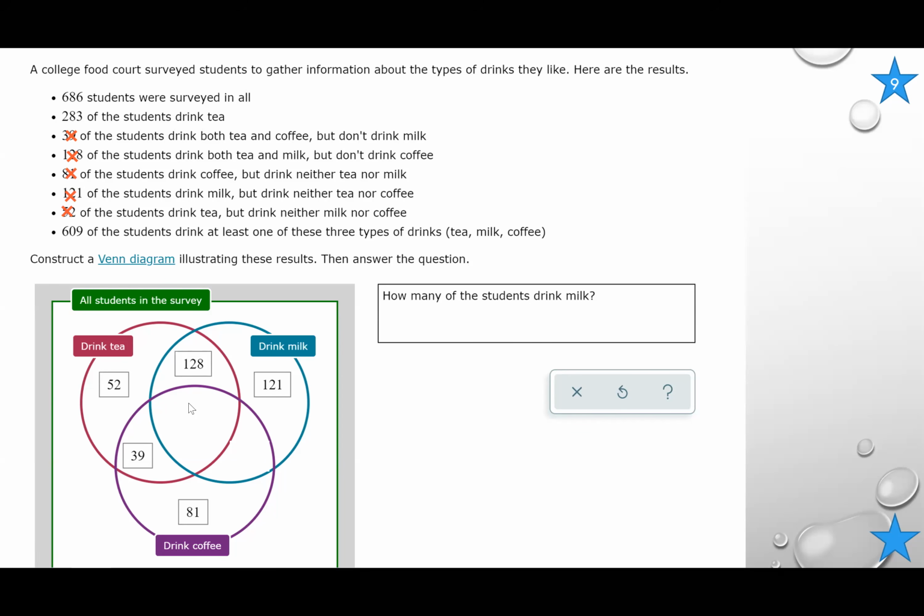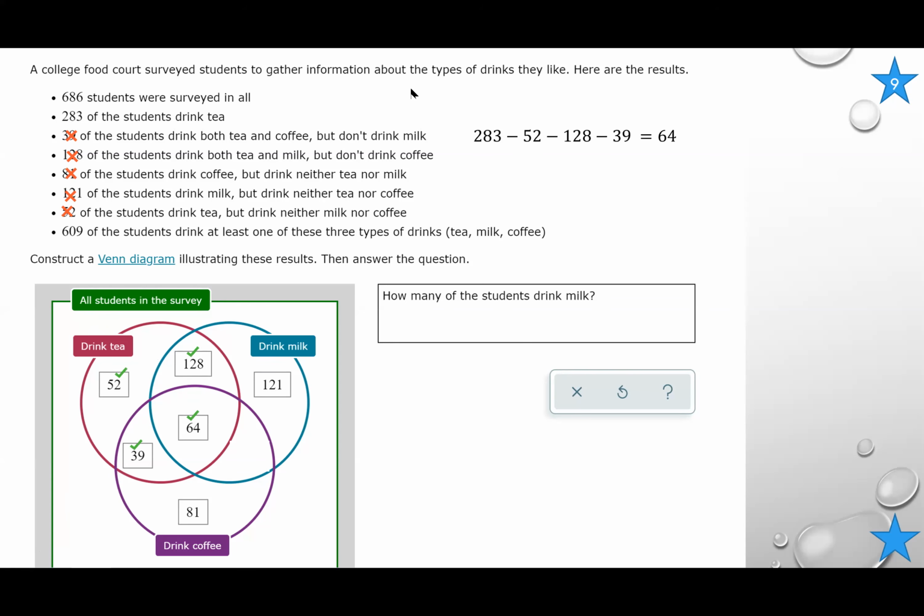And if I have this whole circle of 283, what have I used? Do you agree that I used 52, I used 128, I used 39? Meaning I have to take 283, subtract what I have, to give me the leftover, which is 64. If you add up these four numbers, that should give you the total of the people who drink tea, right?